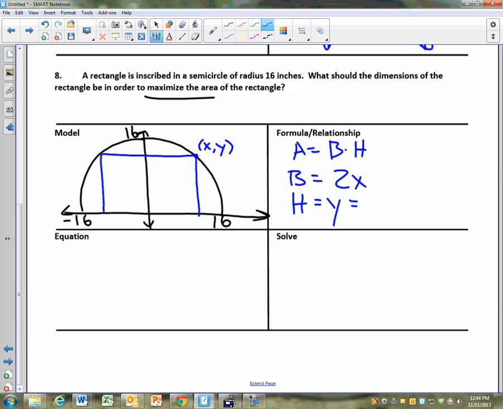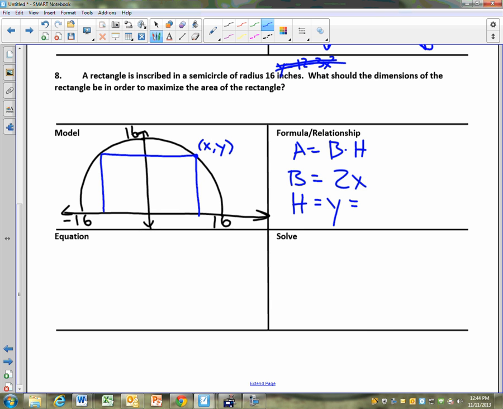Anybody? Did you notice that before you had an equation? Did you remember that before you had this y equals 12 minus 3x squared? You don't have one of those, do you? We've got to write an equation for a semicircle.